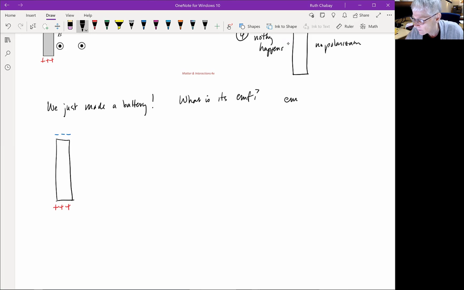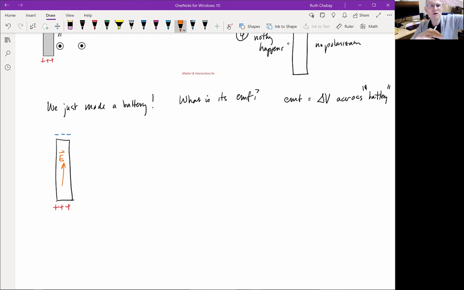So EMF equals potential difference across the battery. I guess I'll put battery in quotes. It's a different kind of battery. So what we need, of course, is to know what the electric field inside this bar is due to the polarization, okay?